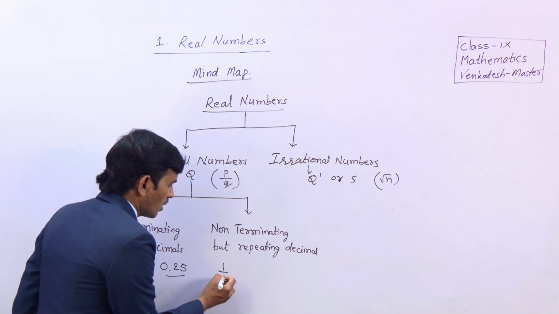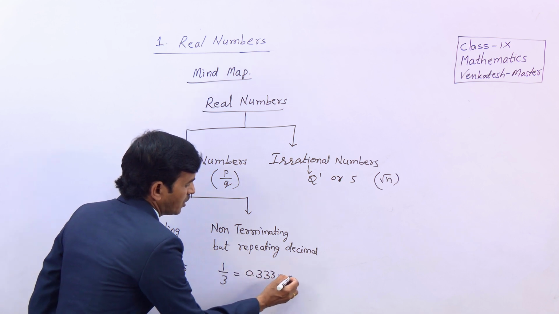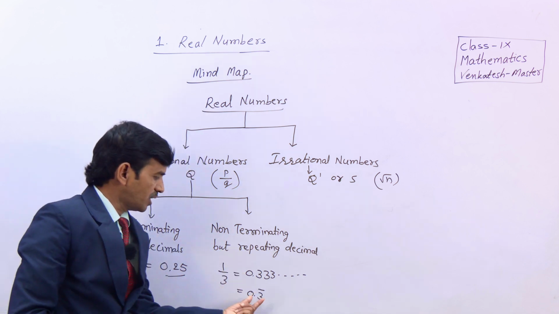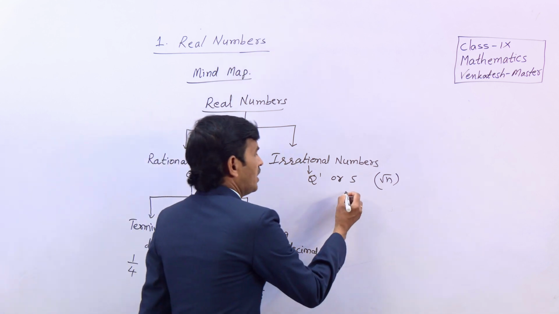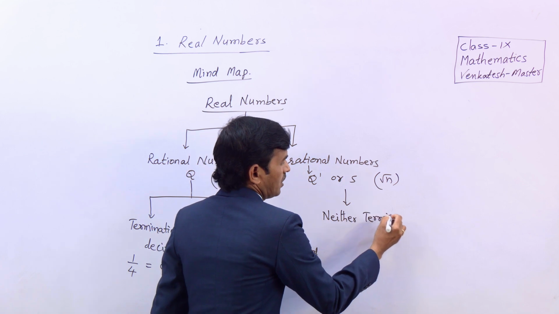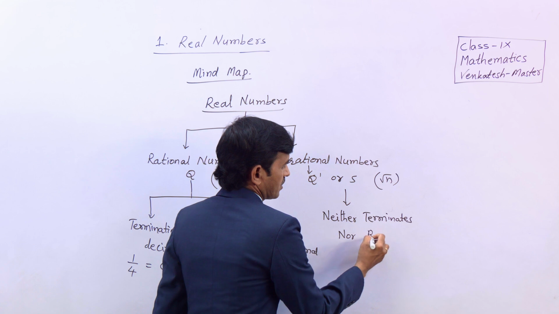But if you consider 1 by 3, it becomes 0.3333 and so on, which is non-terminating but repeating, recurring. But in irrational numbers, it neither terminates nor repeats.